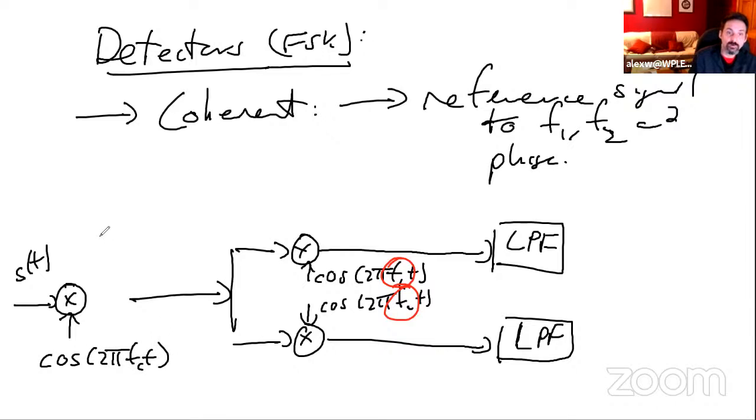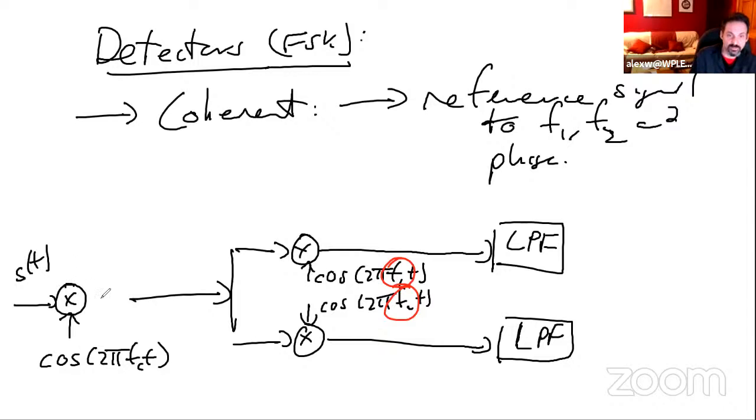So the first thing you want to do is bring your signal down from whatever the carrier frequency is, down to baseband, and then filter that out to one of the two possible carrier frequencies, F1 or F2.